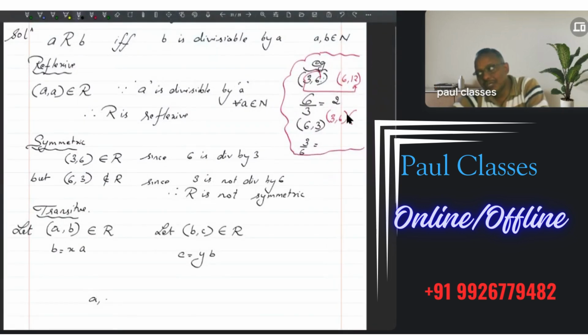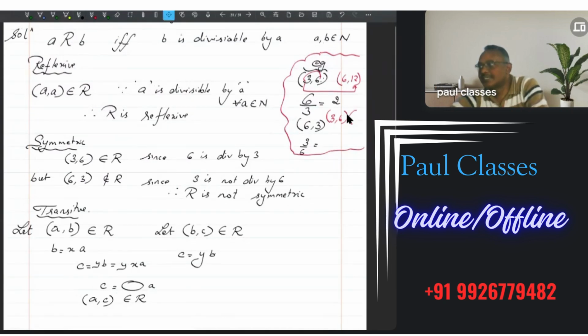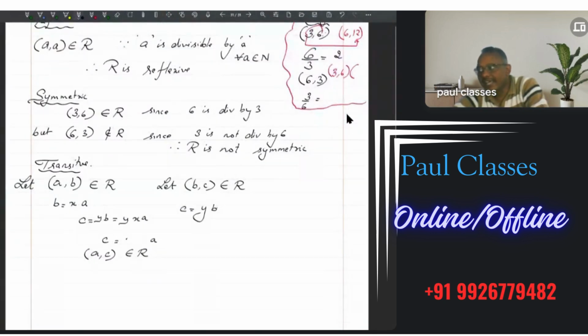My destination is AC belongs to R. That means C should be something times A. So from here I start with C. I am working backwards right now. C is Y times B. But what is B equal to? X times A. Which means C is what? C is XY times A.